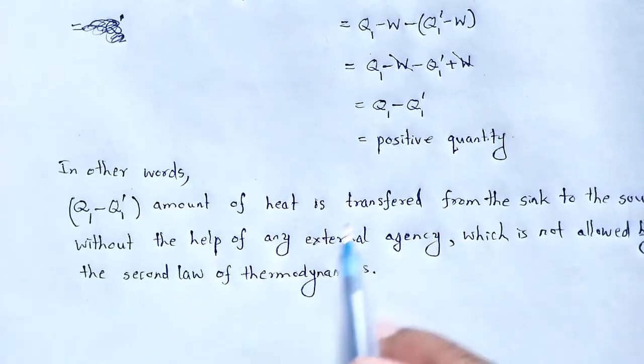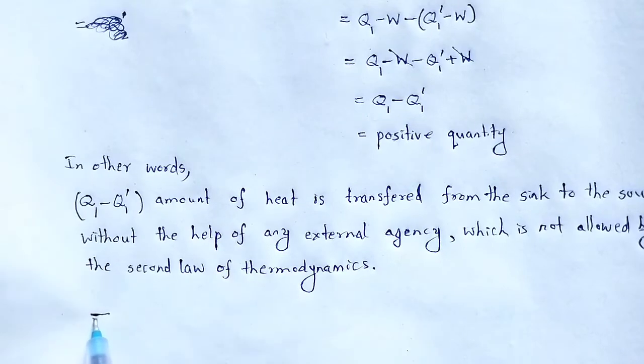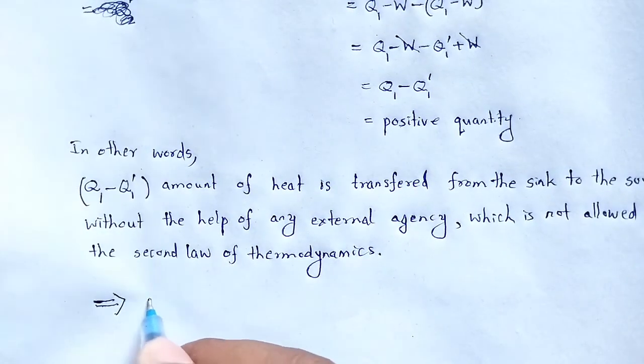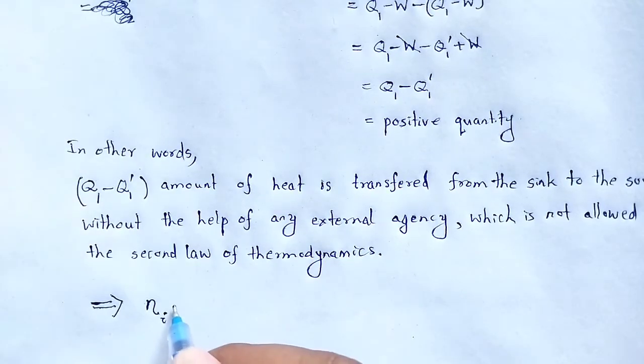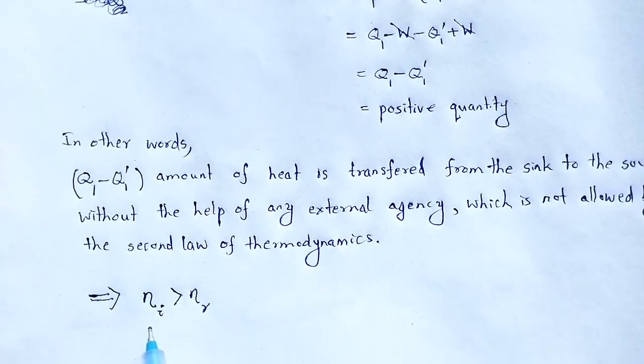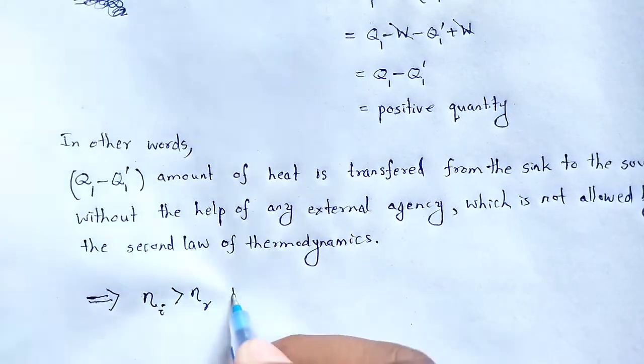As a result, the assumption we took, that eta I is greater than eta R, that is, the efficiency of the irreversible heat engine is greater than that of the reversible heat engine, is wrong.